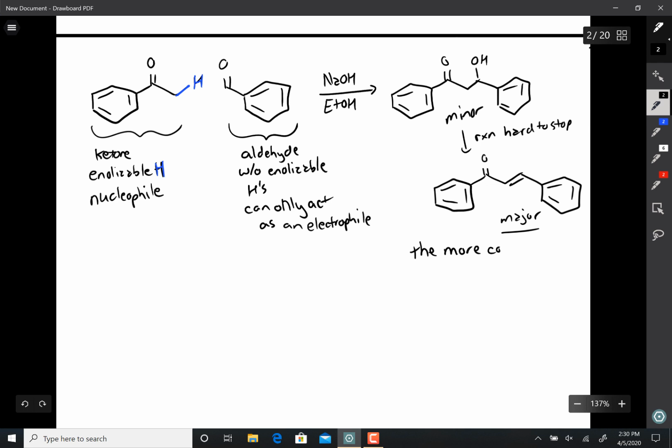The more conjugated the system, the more likely it will eliminate.